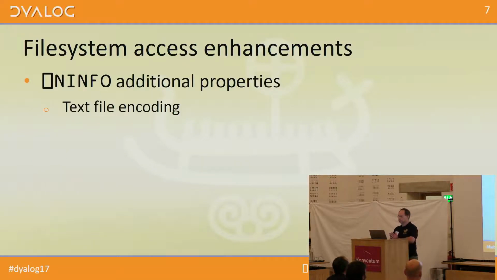Right. So, no demo now because this is more speculative. Nothing's been done. ninfo can return properties about files and directories, such as the size and the owner and that kind of thing. We're wondering about other properties people might want, and a few that came up were actually about the contents of files. So if it were a text file, how would it be encoded?